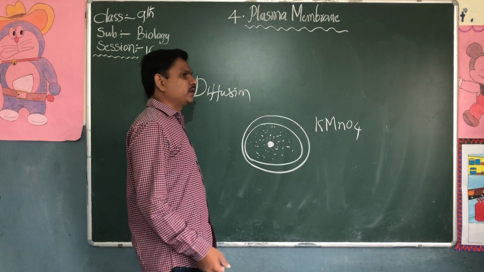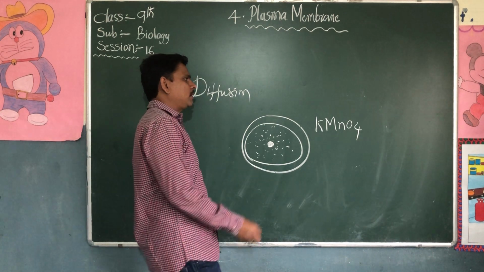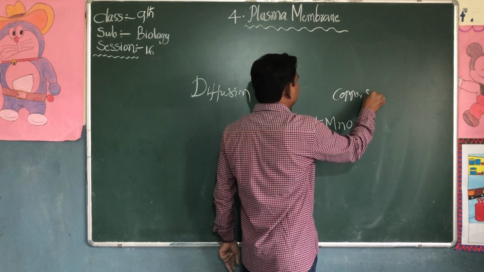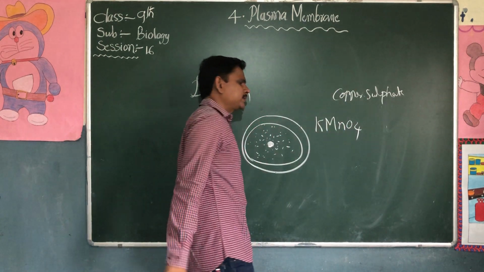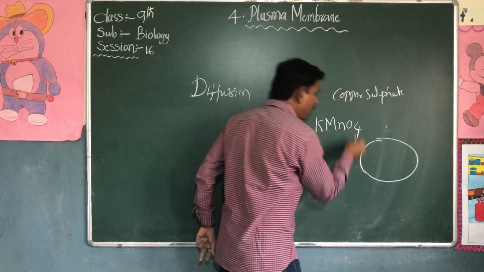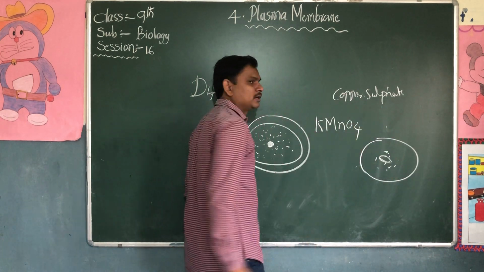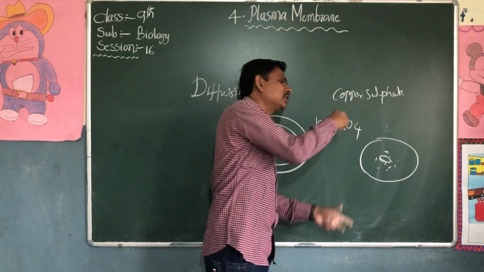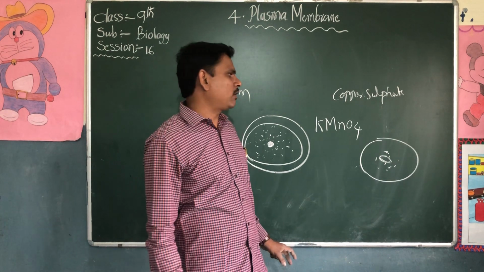For example, we can take copper sulfate also. We can compare both experiments. Take copper sulfate crystals in the bowl. Now we pour some water into the bowl where the copper sulfate crystals are present.